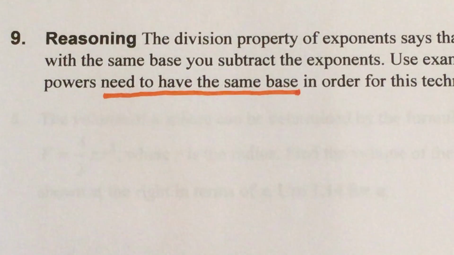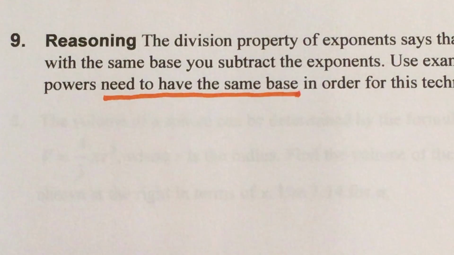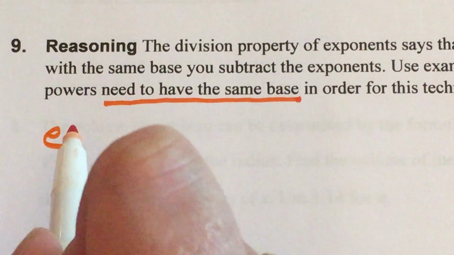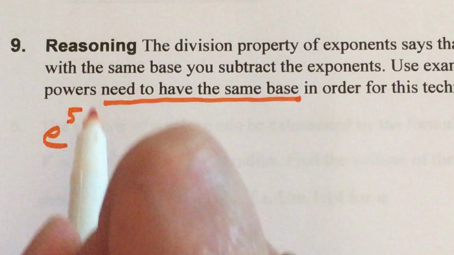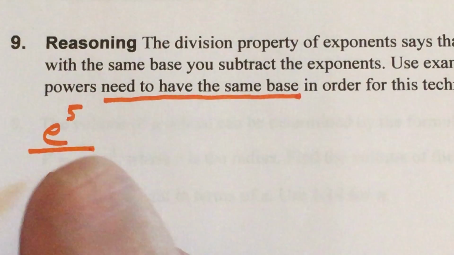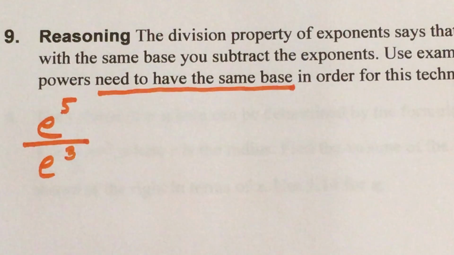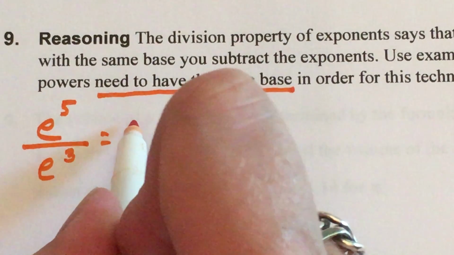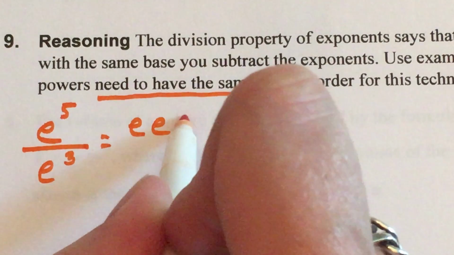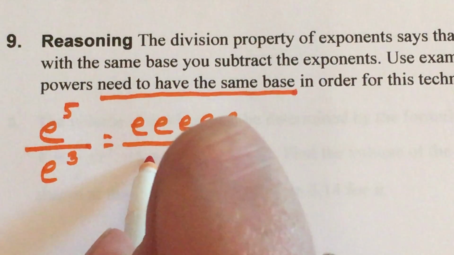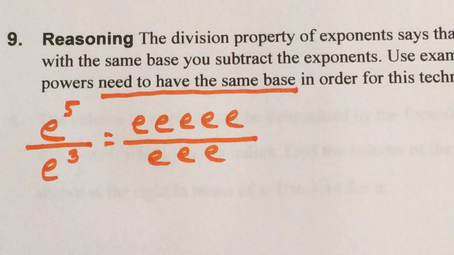All right. So we know that if we have, I don't know, e for example, to the fifth power divided by e to the third power, we could expand that. That would make 1, 2, 3, 4, 5 e's. 1, 2, 3 e's.